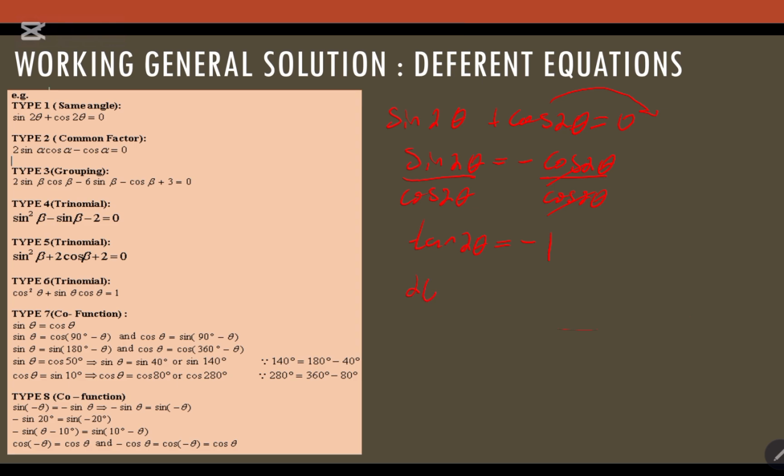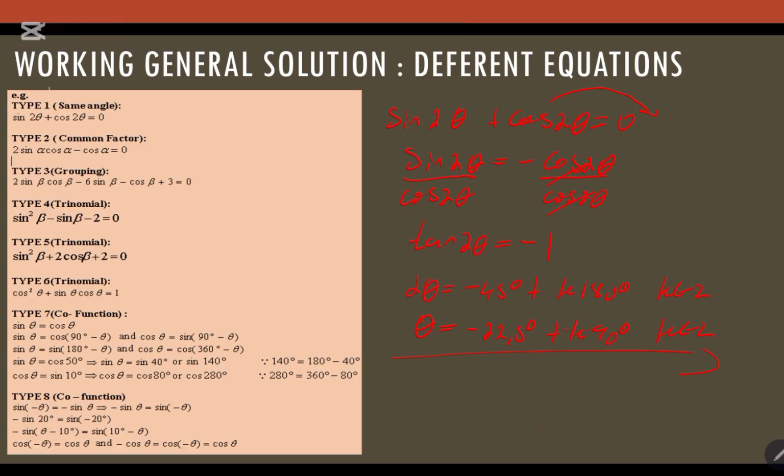And therefore, 2 theta equals the arctan of negative 1, which is negative 45 degrees plus k times 180 degrees, and k is an element of integers. And we divide both sides by 2. That will give you negative 22.5 degrees plus k times 90 degrees, and k is an element of integers. So that will be the general solution for the equation that appears in the form of this type 1 equation.